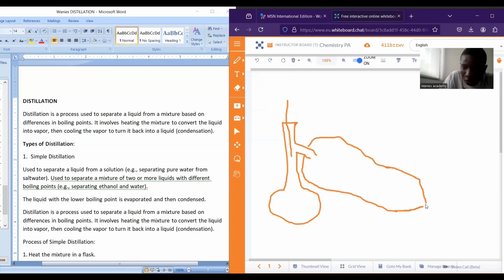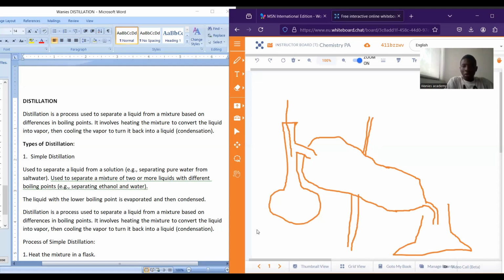In the mouth of this condenser, we fit a pipe, a tap, and this is our conical flask. We put a retort stand here to hold our condenser so that the condenser will not fall.